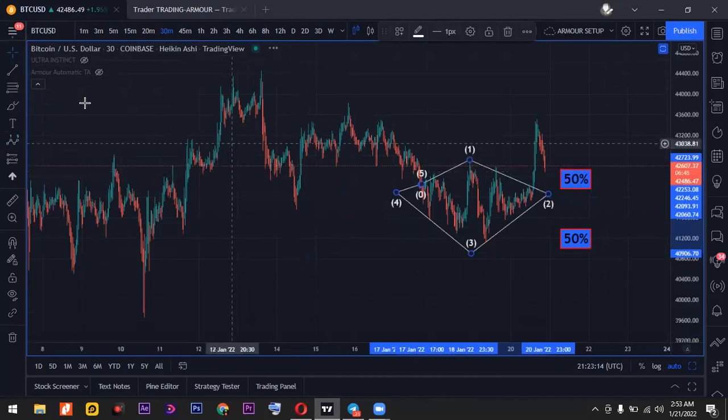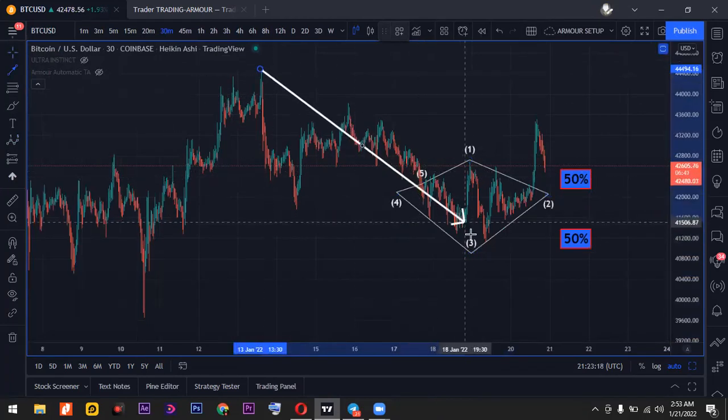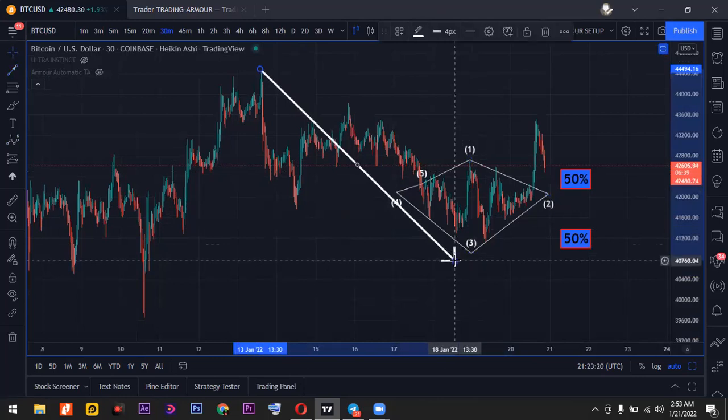If the move is coming from top to bottom, and you see a diamond forming, price stuck inside the range, it starts becoming volatile and shrinking like this, then we call it a diamond bottom. As suggested by the name, it should break upside.